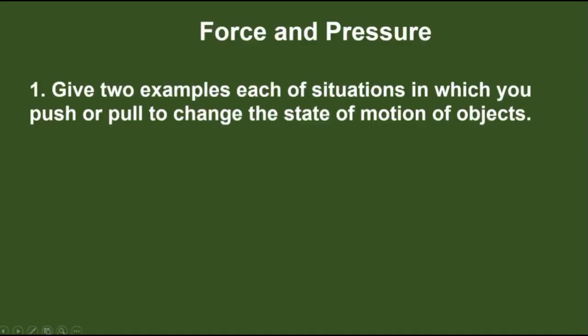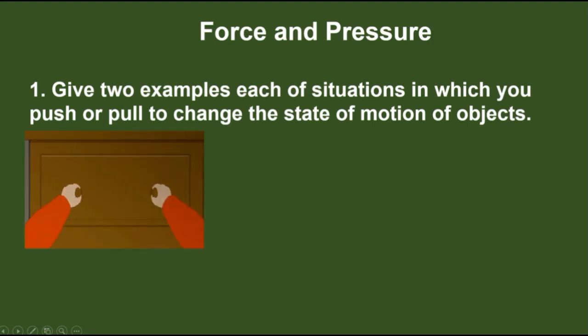The first question is, give 2 examples each of situations in which you push or pull to change the state of motion of an object. Right? Changing the state of motion of an object means you are either changing the speed or making the object move with less speed or more speed, or changing its position. All that you are changing. And how many examples you can see in day-to-day life.